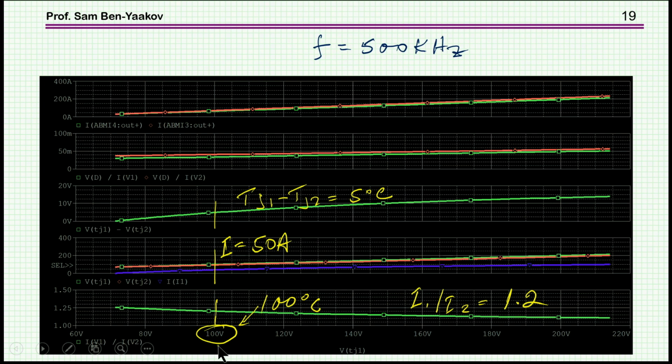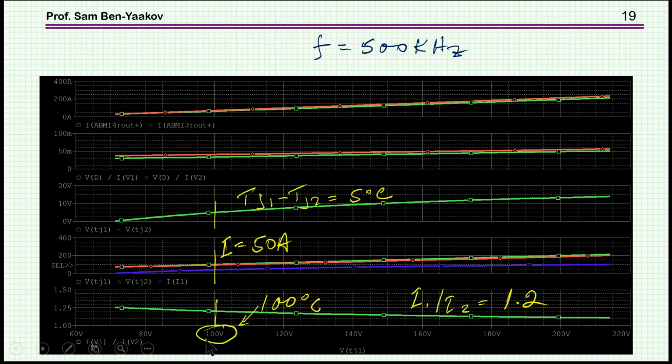And what we see here is that obviously it's heating up faster. Here is 100 degrees, and this is already for only 50 amp. Earlier it was for 100 amp.